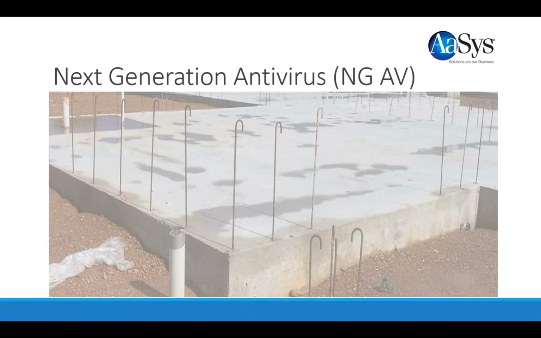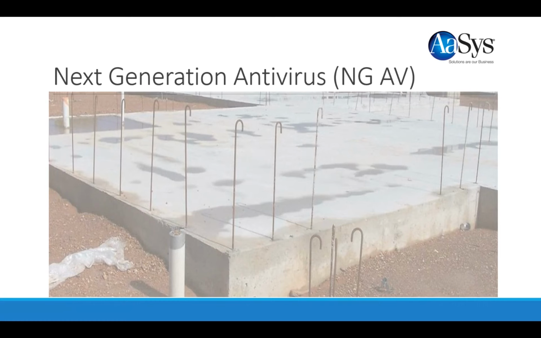Now, odds are that everybody on this call has antivirus in their environment at a minimum. I certainly hope you all do. And probably next generation antivirus. So the real question for banks running next generation antivirus is, is it enough? And much of the answer to that question comes down to the strengths and weaknesses.